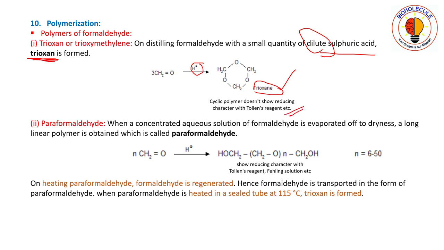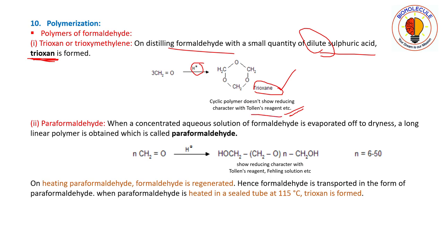So trioxane, or trioxymethylene, is formed on distilling formaldehyde, and the polymer formed does not show any reducing character with Tollens reagent.